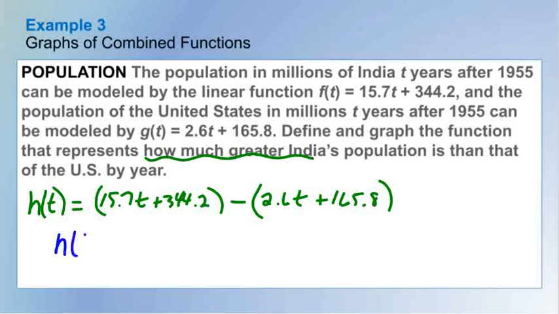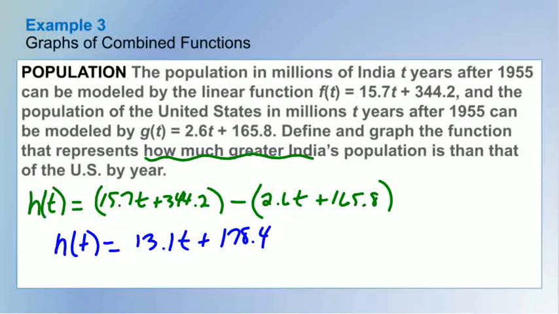So h of t will equal 15.7 minus 2.6 gives us 13.1t, and then 344.2 minus 165.8 gives us a positive 178.4.